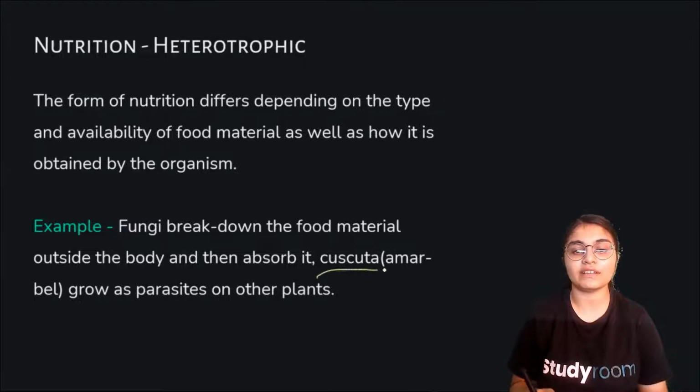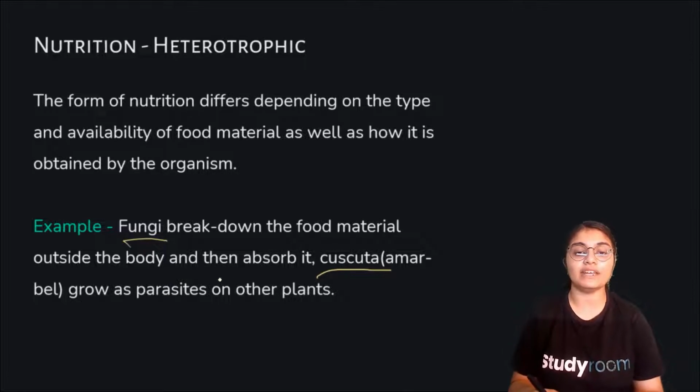This is a very good example, and it is also known as amarvale. So the common name of cuscuta is amarvale. They break down the food material outside the body and then absorb it, and hence cuscuta grows as a parasite on other plants.